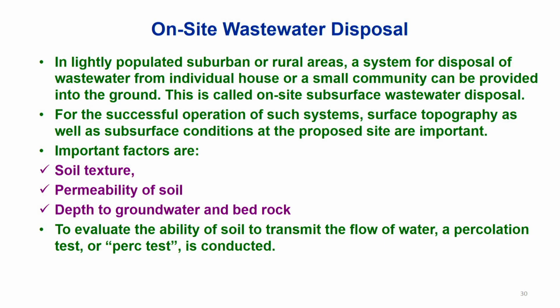We should understand the permeability of the soil and the depth of the water table so that the sewage does not contaminate our groundwater. To understand this permeability, a percolation test is conducted.